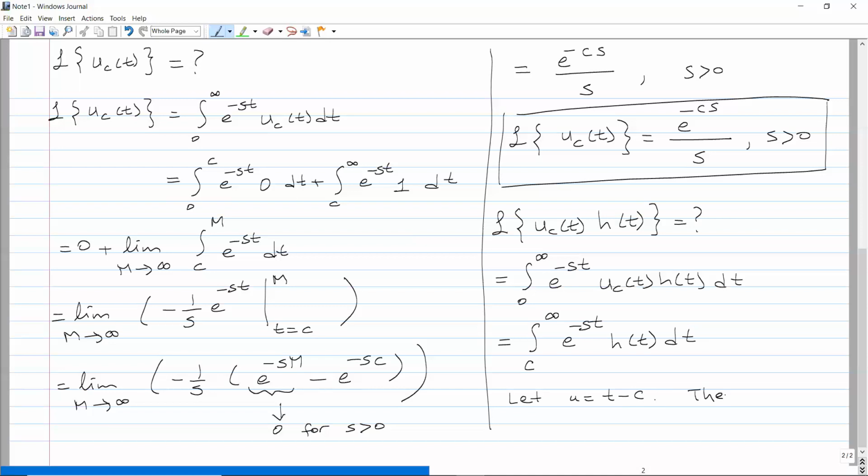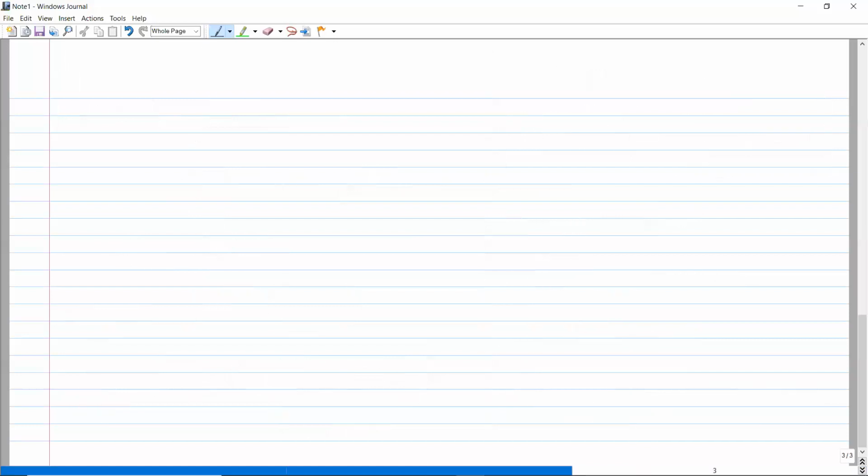Then, first of all, du is equal to dt. If t is equal to c, then u is going to be 0. So with this change of variables, we change the lower limit of integration to 0. And as t goes to infinity, u also goes to infinity.